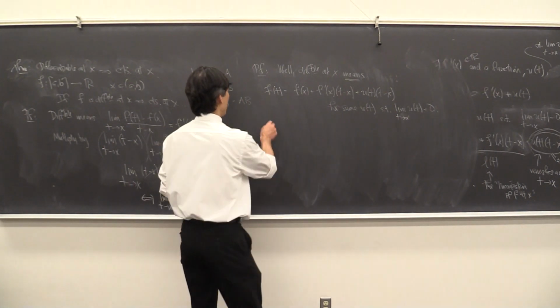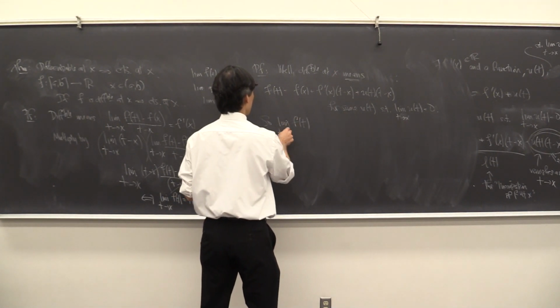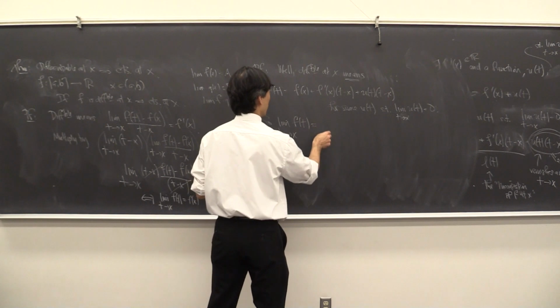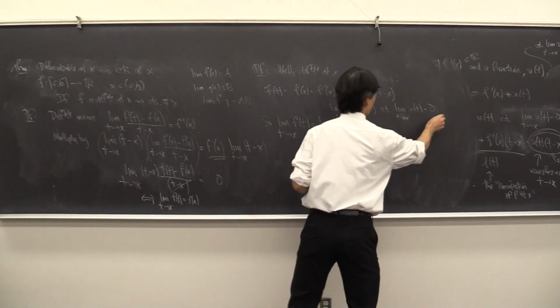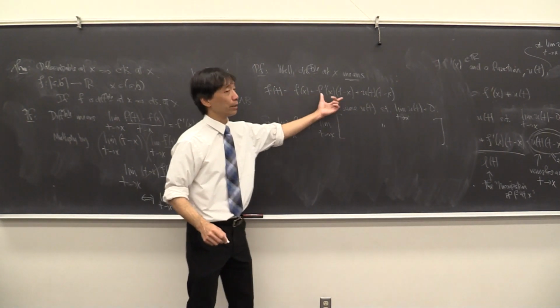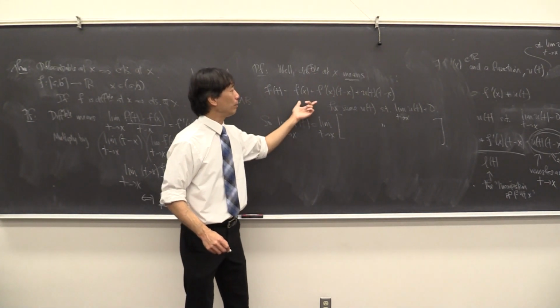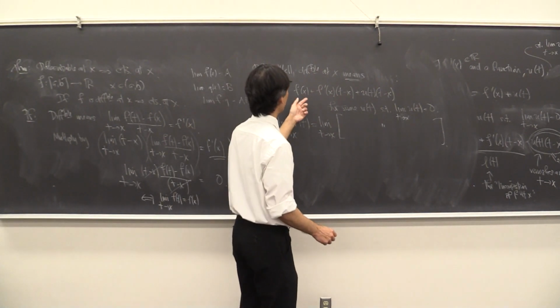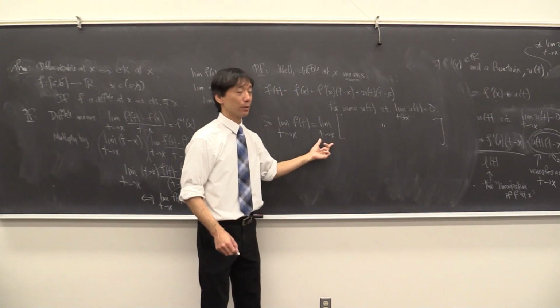Okay, so the limit of f of t as t goes to x is the limit as t goes to x of this thing on the right hand side, right? Well, what happens to that? What happens to f of x as t goes to x?